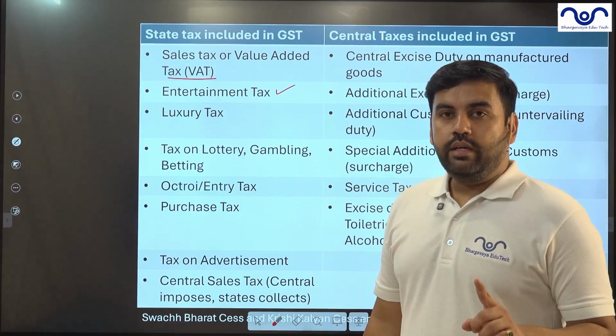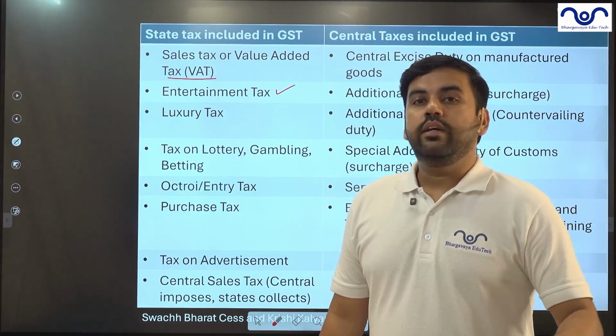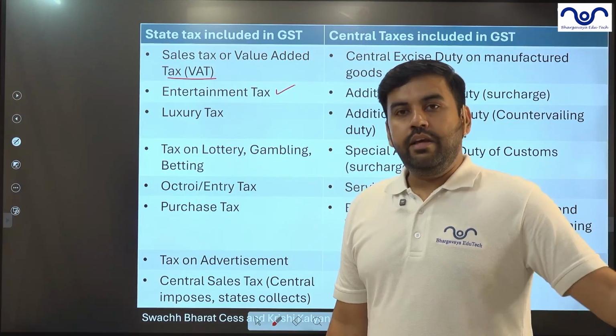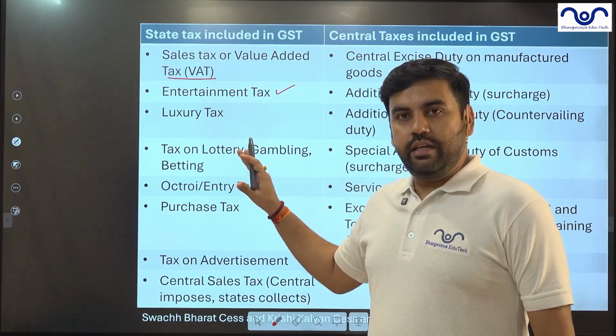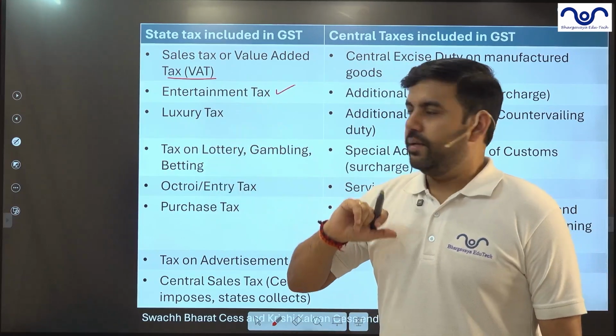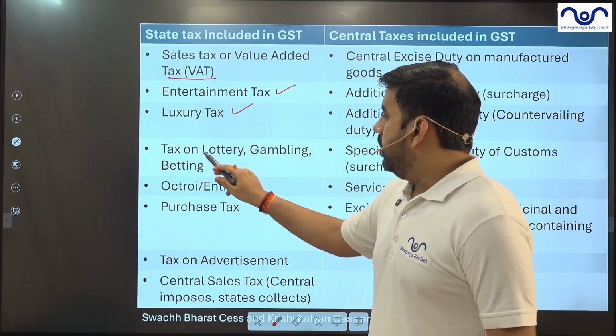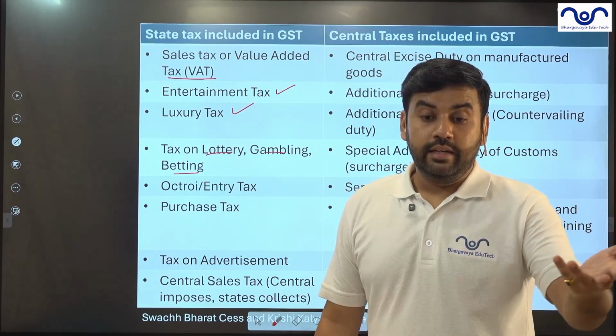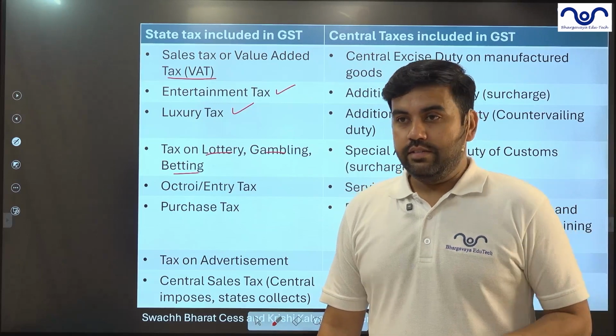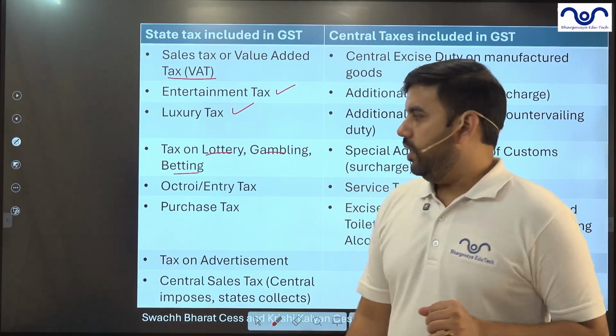Please understand one thing, entertainment tax at the local government level can be as per their choices. It is only up to the district level or at the state level, I would say. Luxury tax, tax on lottery, gambling and betting. So these online betting platforms these days are part of this only.